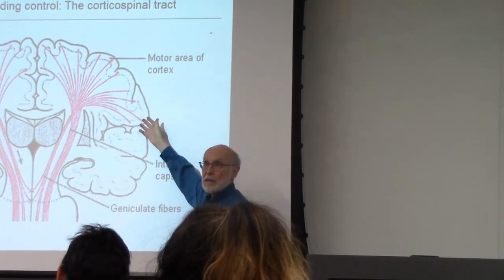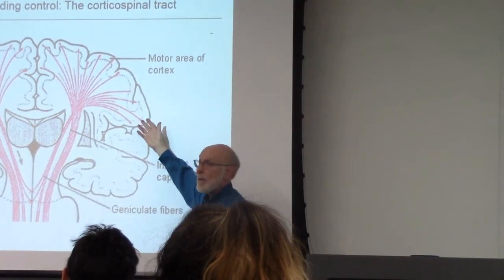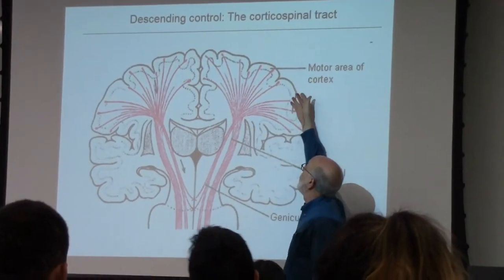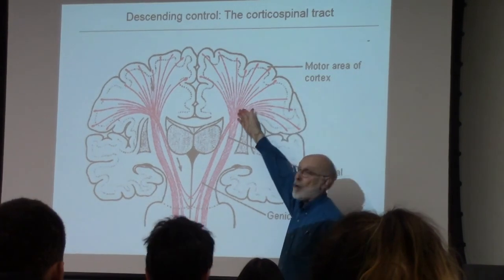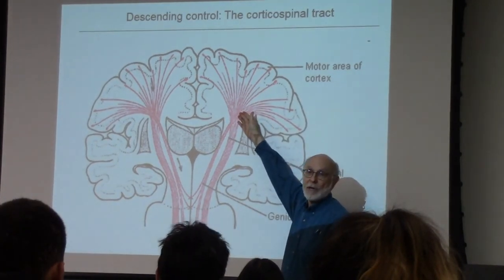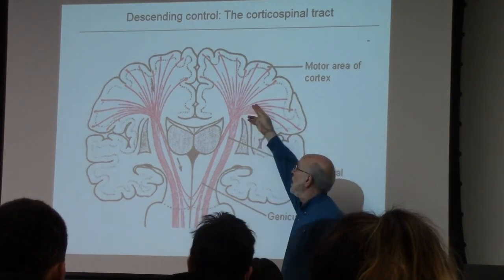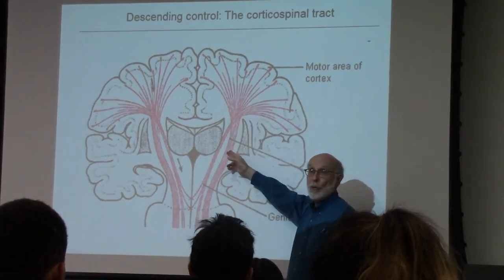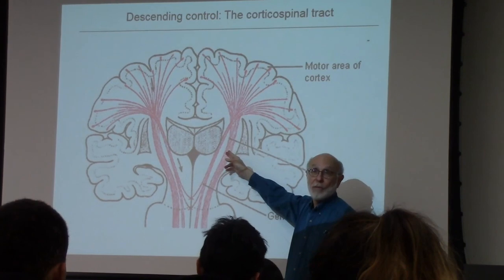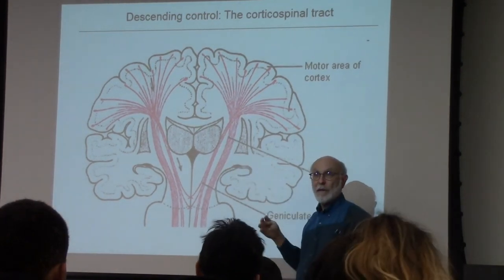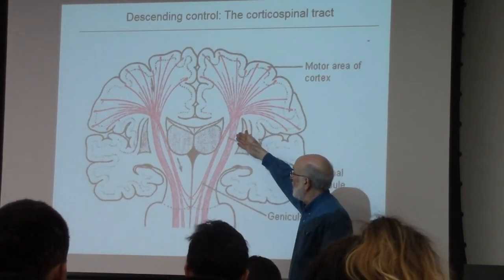Then the myelinated axons, white matter, of these cortical neurons form the corticospinal tract, also known as the pyramidal pathway.